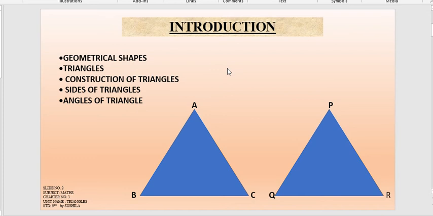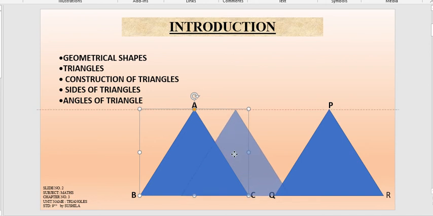On your screen you can see the introduction part of the chapter. One triangle is ABC and the other triangle is PQR, right? Looking at the geometrical shape of ABC, by looking at it itself you can say these two triangles are equal to each other.